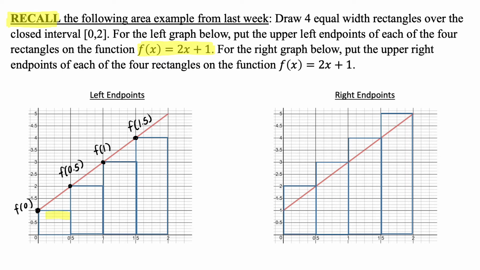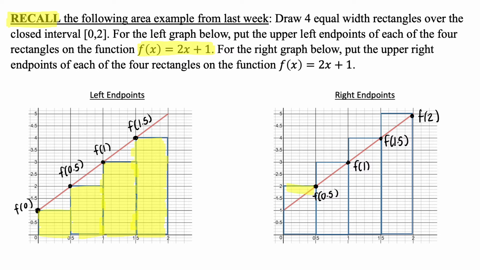And the area that we found using these rectangles was there. And then on the right, we use the upper right endpoint of each function. So we use the heights as f of 0.5, f of 1, f of 1.5, and f of 2.